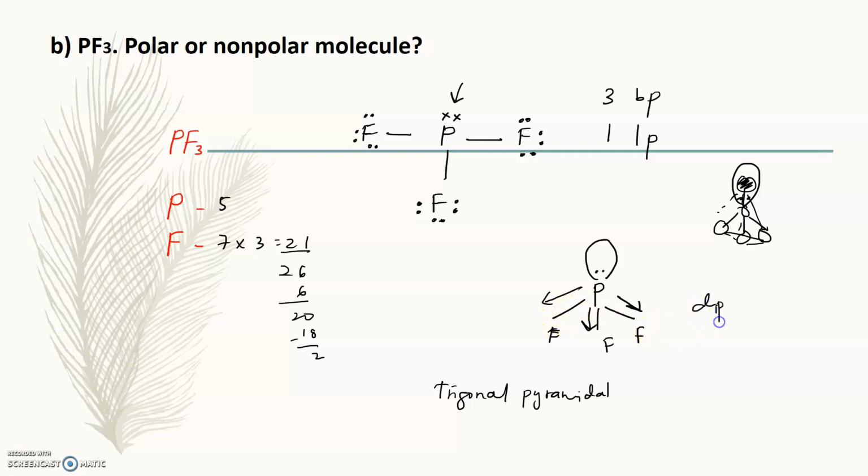So the dipole moment now cannot cancel each other. Okay, actually setiap dipole moment ni dia ada value ya. Okay, so bila cannot cancel each other, dia masih ada value lah, maksudnya is not zero. Okay, so the molecule is polar. Okay, bila dipole moment cannot cancel each other, there's a value, the polarity of this molecule is polar.